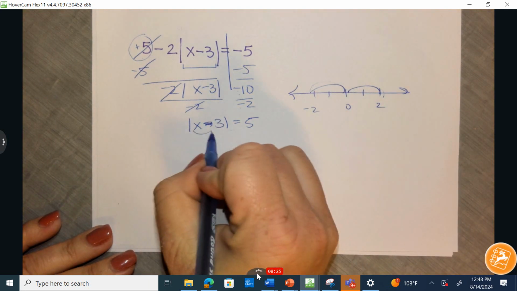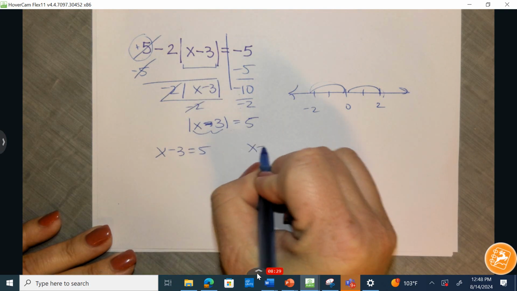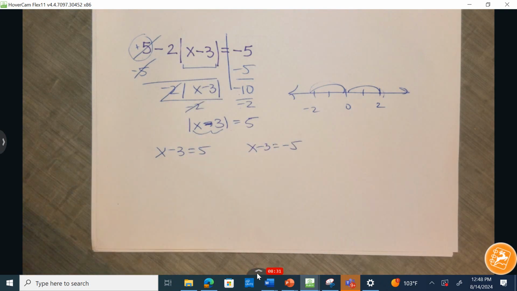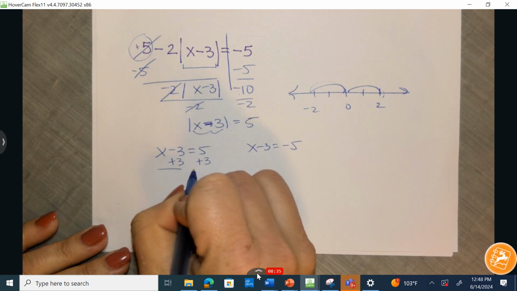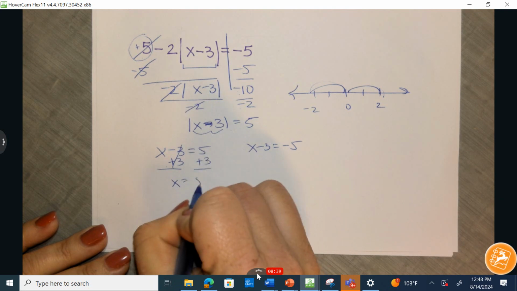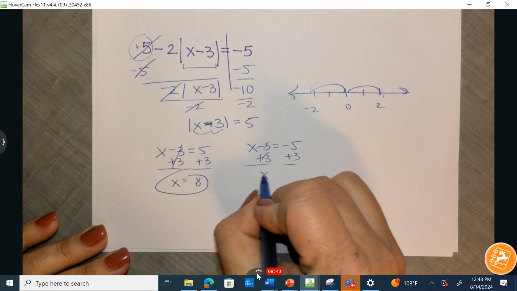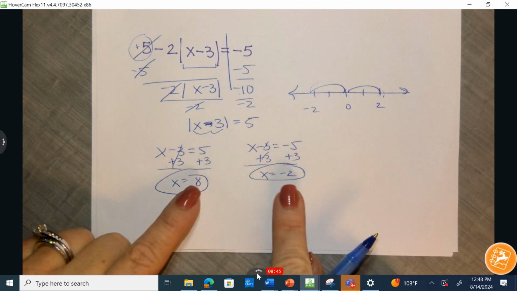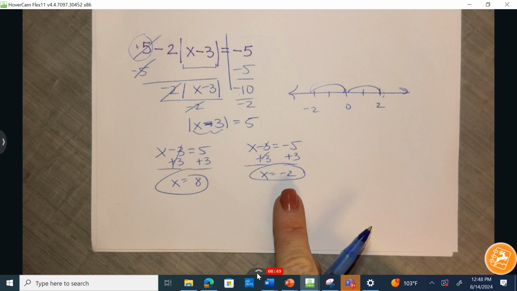So we're going to take this value and I'm going to set it equal to both positive 5 and negative 5 and I'm going to solve. So plus 3. Opposite of subtracting 3 is adding 3, and I get one answer of 8. Plus 3, and I have one answer of negative 2. So I have 2 answers that make this mathematical equation true.